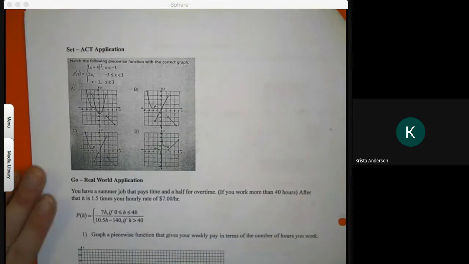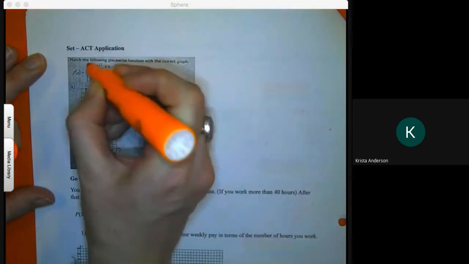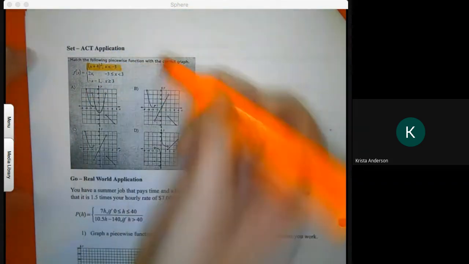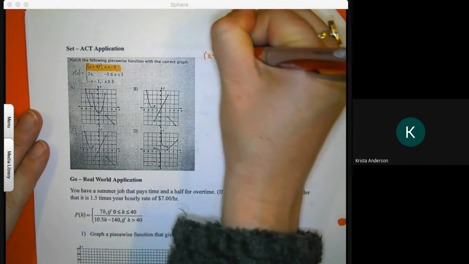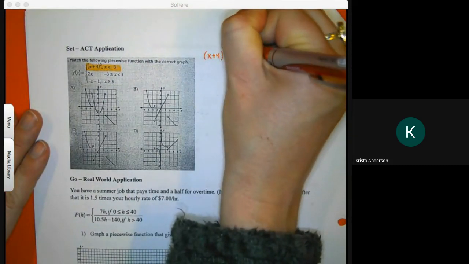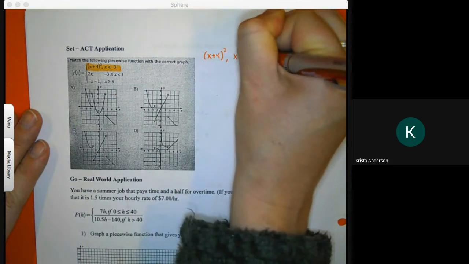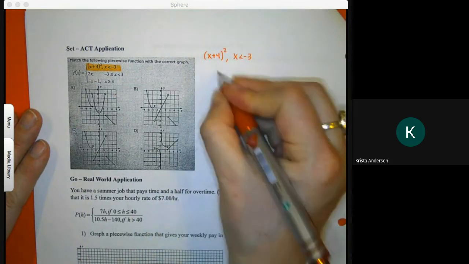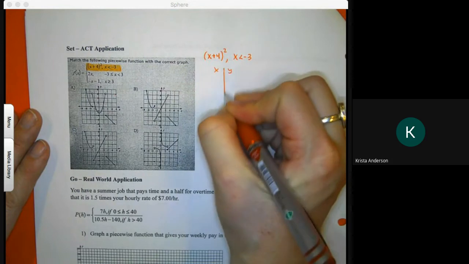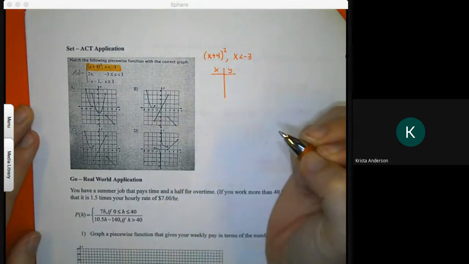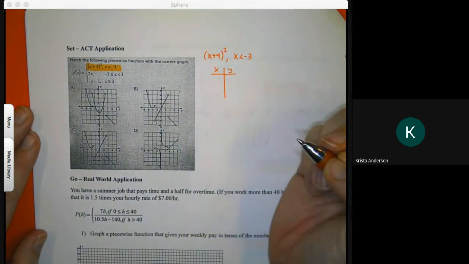All right, for this question, they give us 3 pieces. When I do the first one, remember this is an ACT, you do the ACT next year.